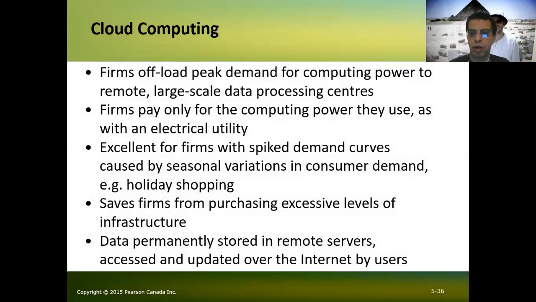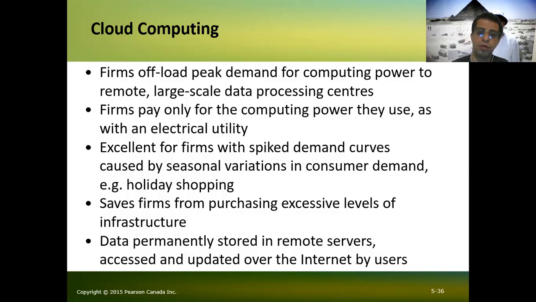And I guess the trend that you hear about is cloud computing, in which firms offload peak demand for computing power to remote large-scale processing centers, or they just offload all their hardware and networking and infrastructure plus software. Firms pay only for the computing power they use, as with electrical utilities.